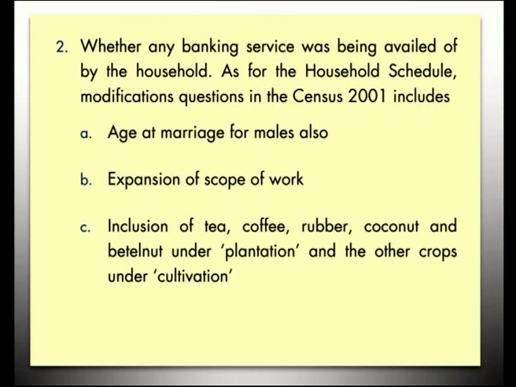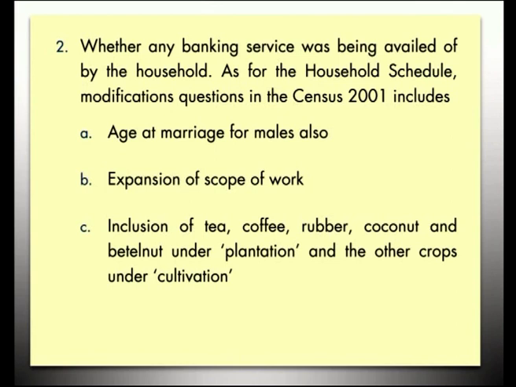As for the household schedule, the modifications in the census of 2001 include age at marriage for males also, because in 1991 age at marriage for women alone was considered. Expansion of scope was also taken into consideration, with inclusion of tea, coffee, rubber, coconut, betel nut under plantation and other crops under cultivation.